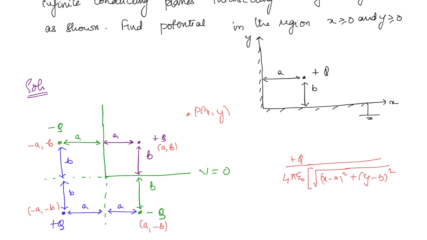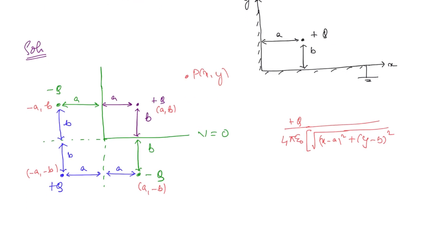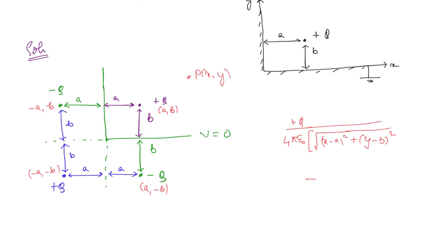Then if you take the potential due to this minus q at minus a comma b, what will the potential be here? This is going to be minus q, because the charge is minus q, divided by 4 pi epsilon naught. And what will be the distance here? From the coordinates you can find out x minus of minus a, so (x plus a) whole square plus (y minus b) whole square.